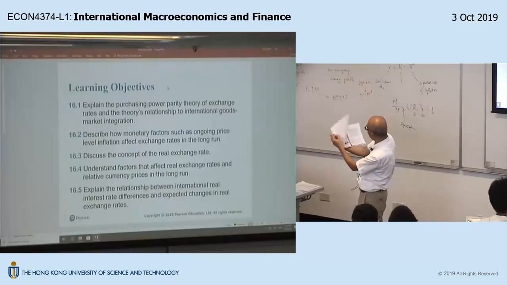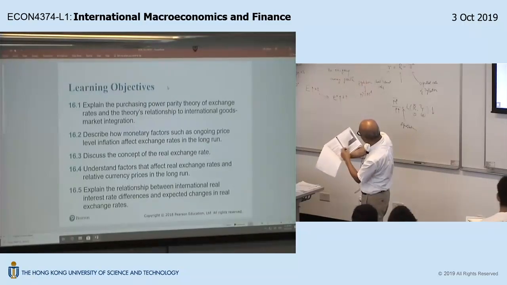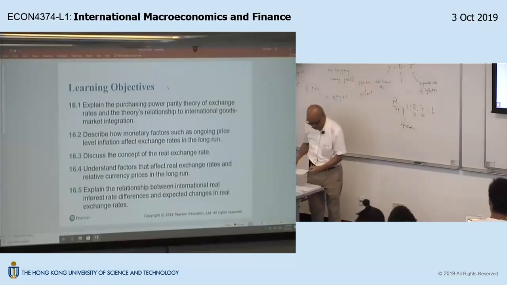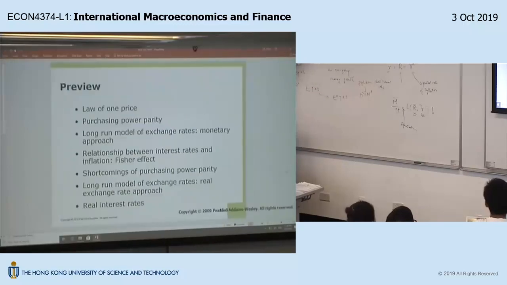So what is money, and some treatment about the quantity theory of money, velocity of money, things like that. So that is required as well. All right, so long run price and then purchasing power parity and all that.